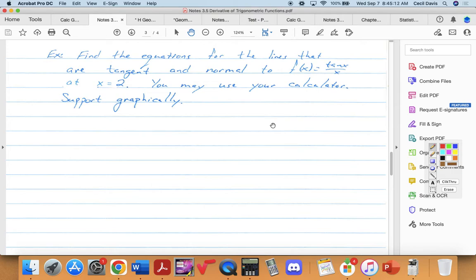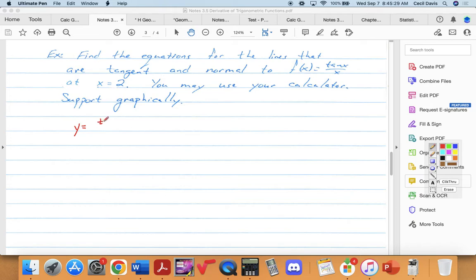All right. So the first thing I want to do is, in order to write the equation of a line, I need two things. I need a point, I need a slope. I've got the x-coordinate of the point, but I don't have the y-coordinate. So this is going to be y equals the tangent of 2 over 2. I haven't the slightest idea what that is.